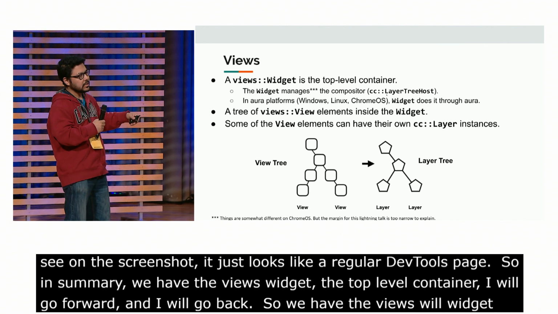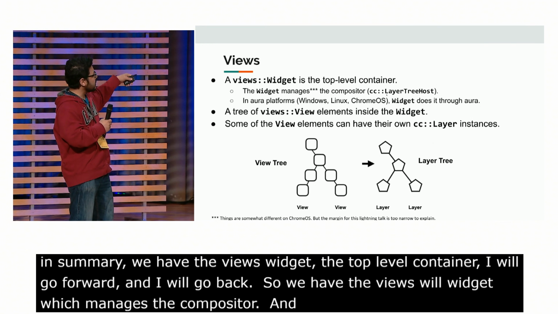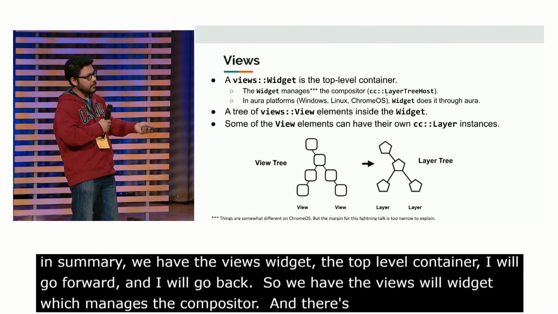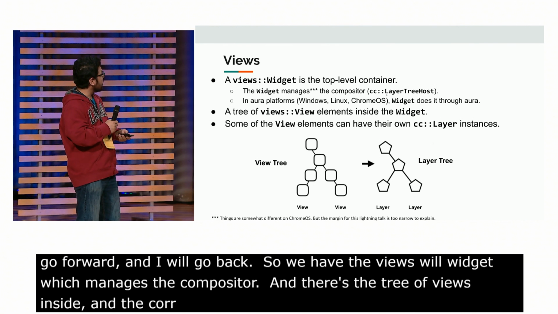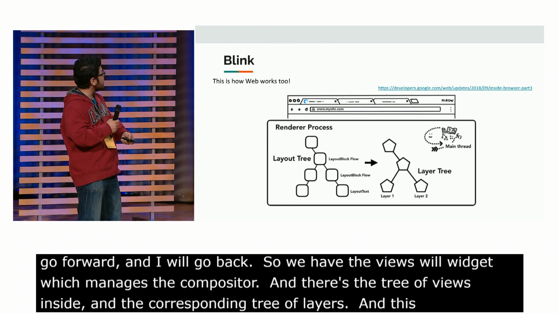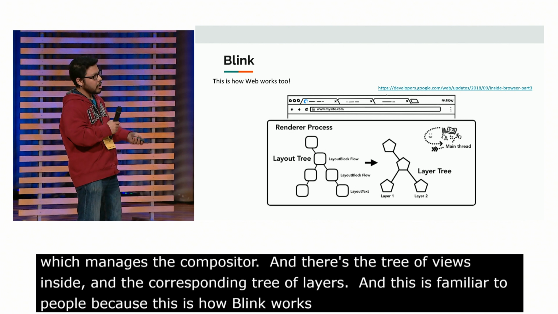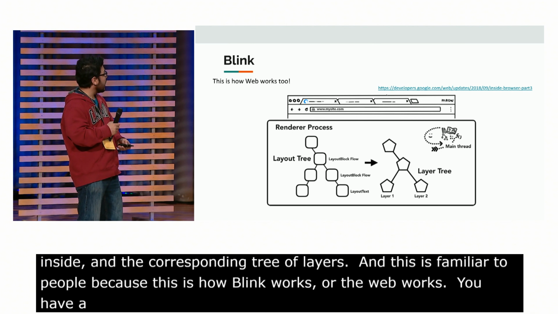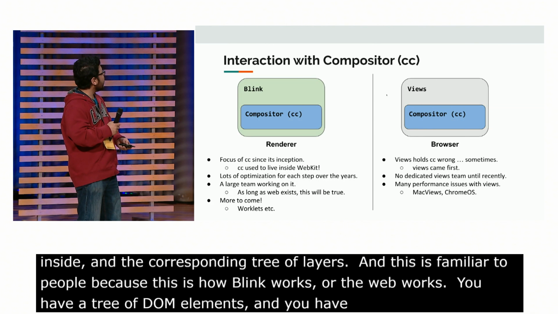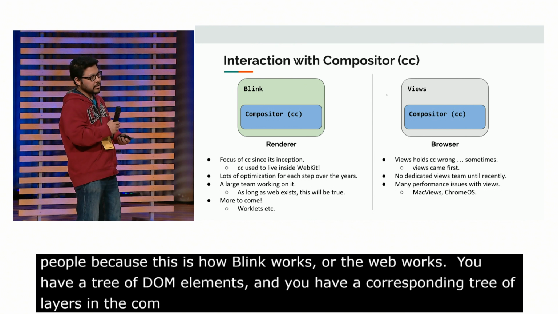There's a tree of views inside, and there's a corresponding tree of layers. This would be familiar to people because this is how Blink works, or the web works too. You have a tree of DOM elements or layout trees, and then there's a corresponding tree of layers in the compositor. This is how the interaction happens. Blink talks to the compositor, and views talks to the compositor.